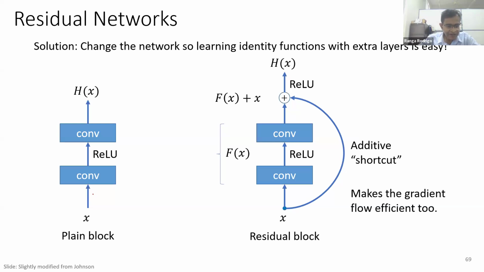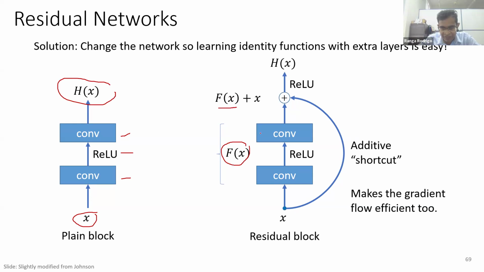So they took an input, the convolution layer, ReLU non-linearity, convolution layer, and the output. Then they said, to make it easy for us to learn the identity function, they directly give the input. That is the identity, right? Directly give the input, nothing happens. Identity function. And then this will be there as an addition to that.